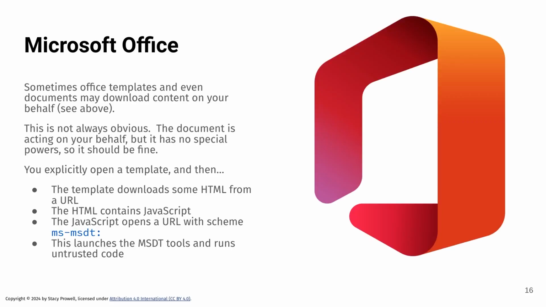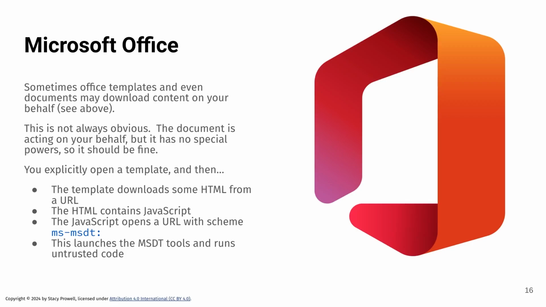So here's what's basically going on. When you open this document up, it's going to download some HTML. The HTML is going to contain some JavaScript. The JavaScript is going to open a URL with the scheme ms-msdt.